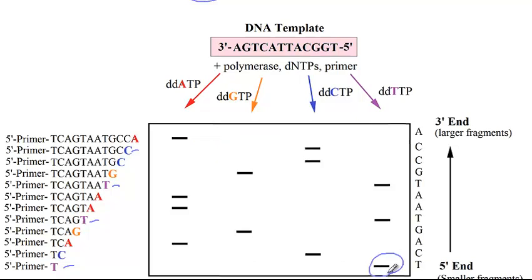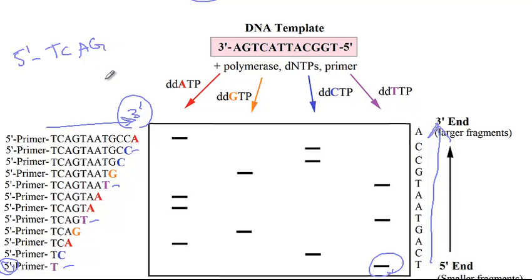So the shorter ends are closer to the 5' end. As we go to the higher end, they have reached more to the 3' end of the DNA fragment. So here we have the 5' to 3' sequence, and our 5' to 3' sequence is T, C, A, G, T, and so on.